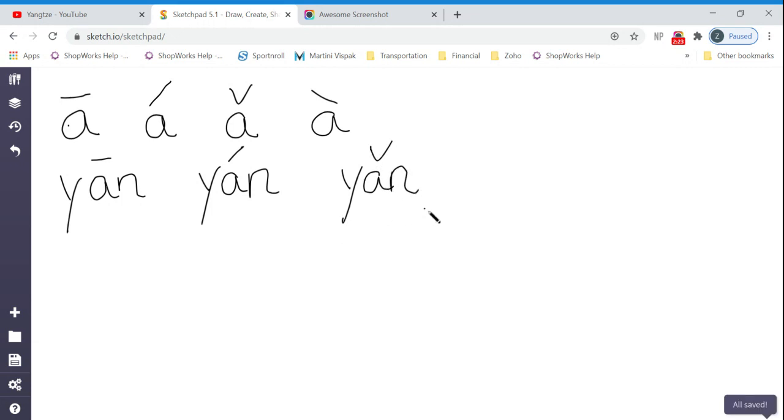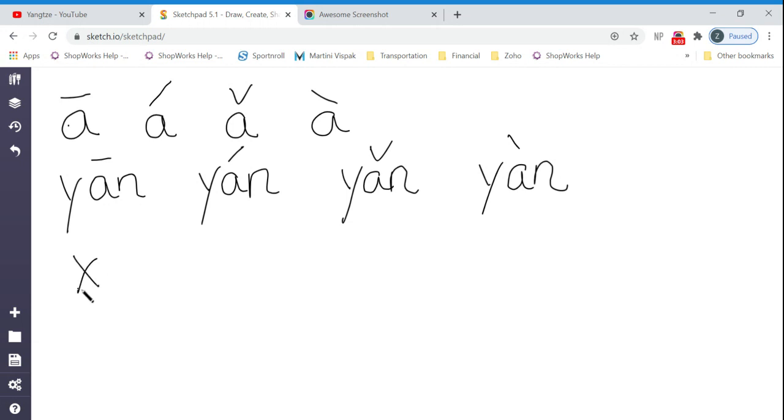This one, yǎn, means eyes, your eyes. And yàn could mean a kind of bird, which is maybe called swallow. I'm not even sure, but that's just to illustrate that different tones mean completely different things.